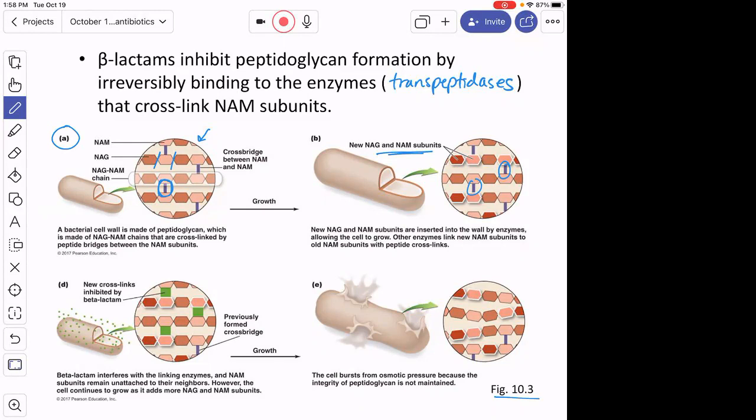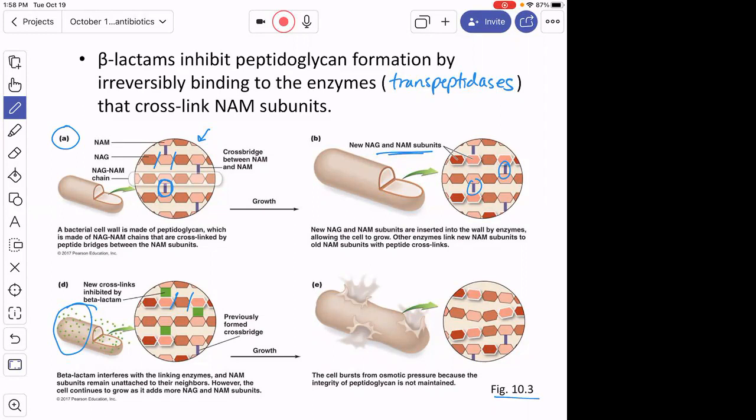Okay, very carefully orchestrated. But what if the cell, all these green dots here mean it's in the presence of some beta lactam antibiotic? Those autolysins are still going to be chopping those sugars apart.